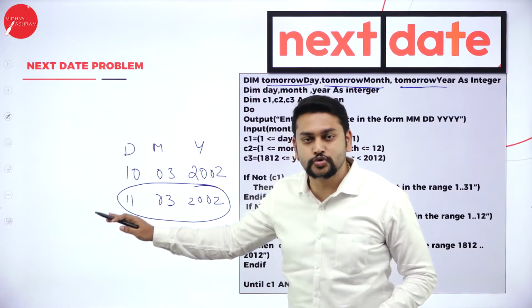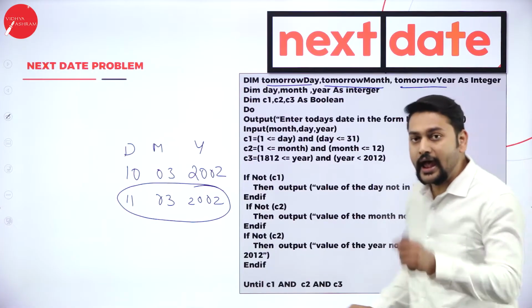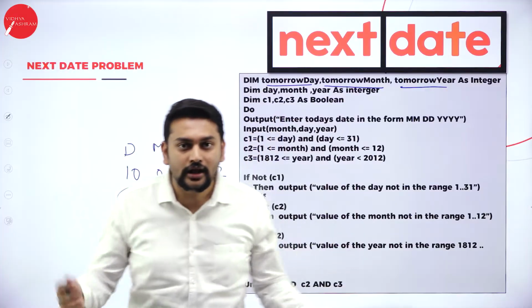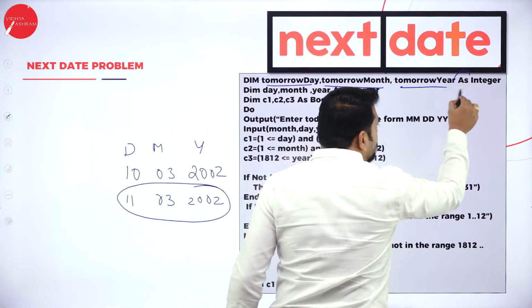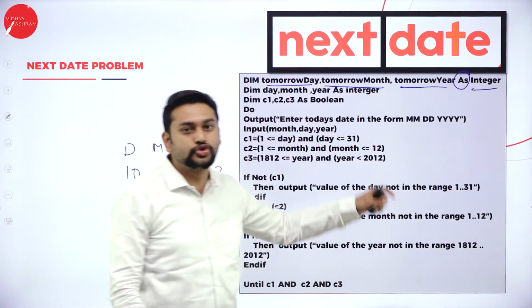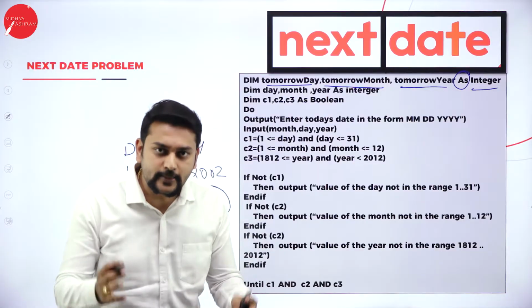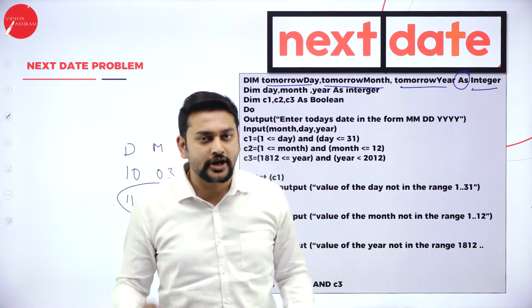So these values will be stored in these variables, and these variables will be storing the data in the type of integer. That's what I have declared here. This is the data type that I'm going to store in these variables. So to store the result, you have created 3 variables.